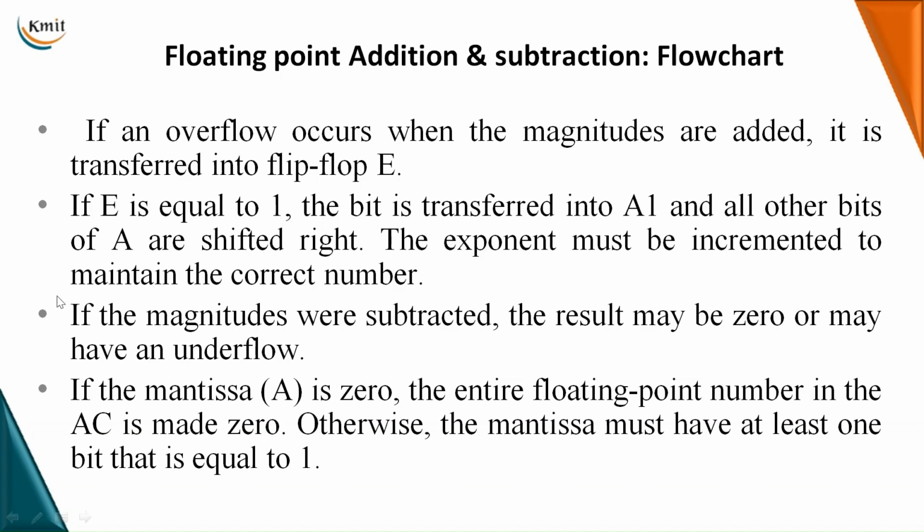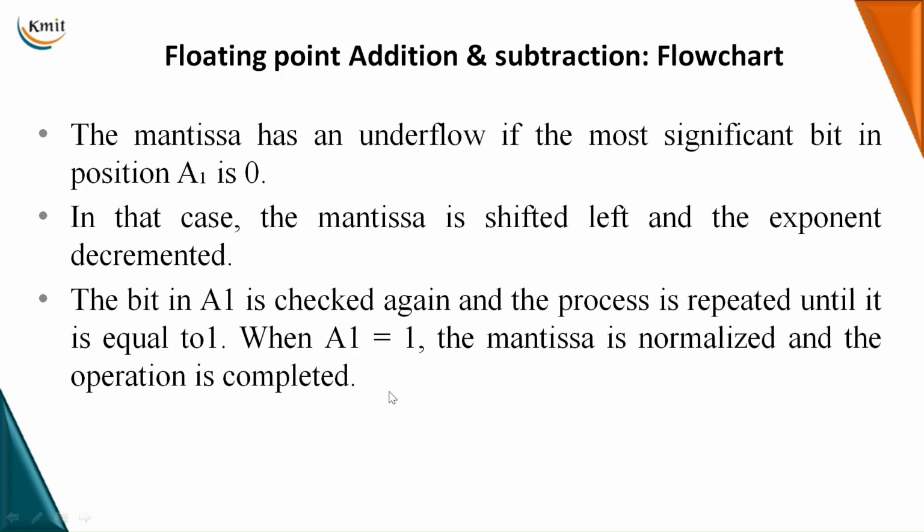In case of a subtraction operation, if the magnitudes were subtracted, the result can be either a 0 or it can lead to an underflow situation. If the result is a 0, the entire floating point number, the result AC, is made 0. But if the result is a non-zero value and there is an underflow situation in case of a subtraction, that is identified by the A1 bit of your mantissa being 0.